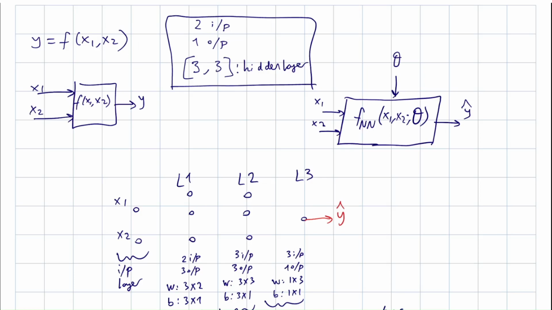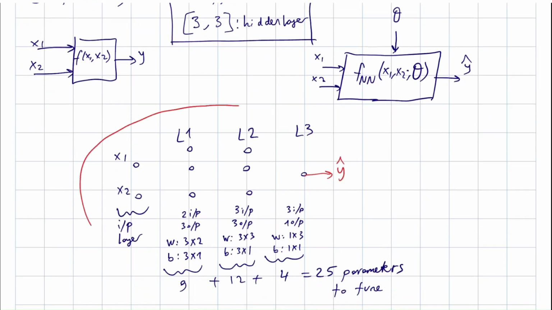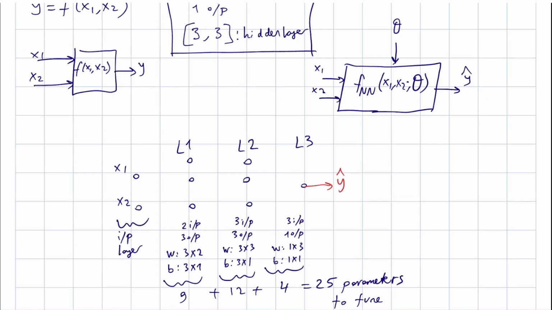By using these three terms, you can draw this structure: you have two inputs and one output, and these are your hidden layers.